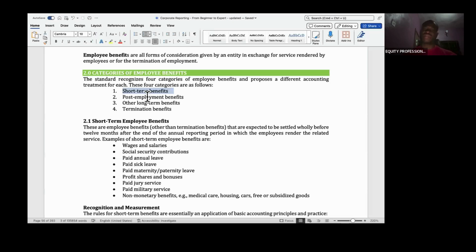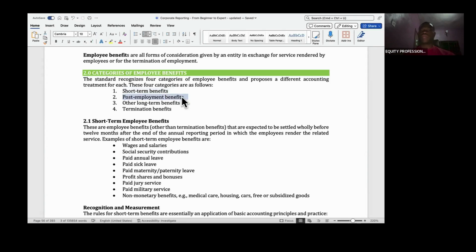That's short-term benefits. And those are the popular wages and salaries and the allowances. Any benefits that we give to our employee within 12 months, that will fly as short-term benefits.